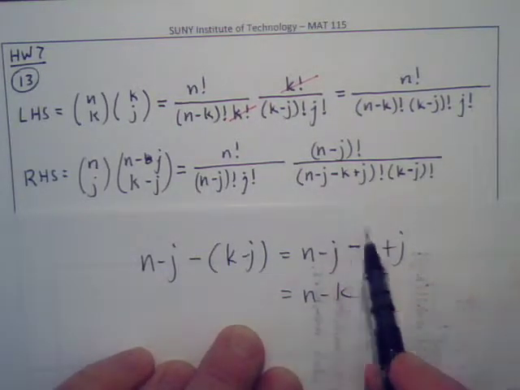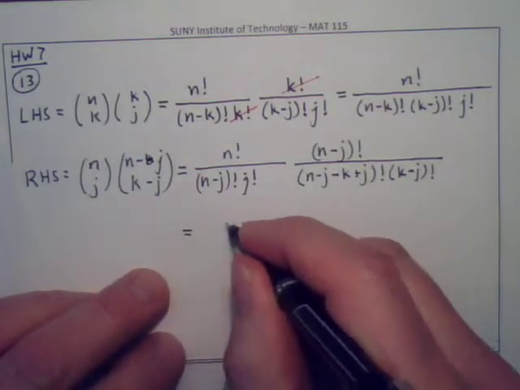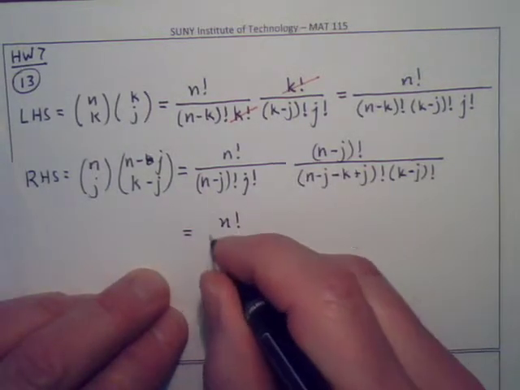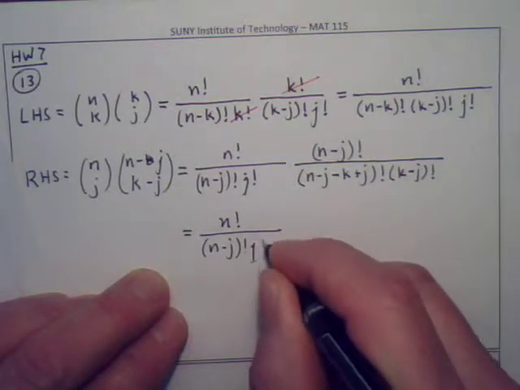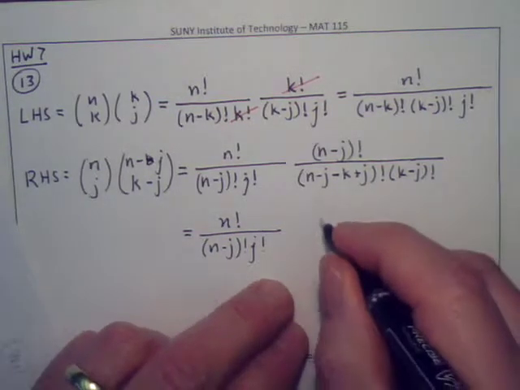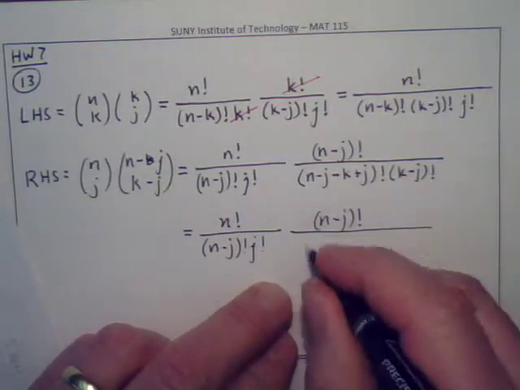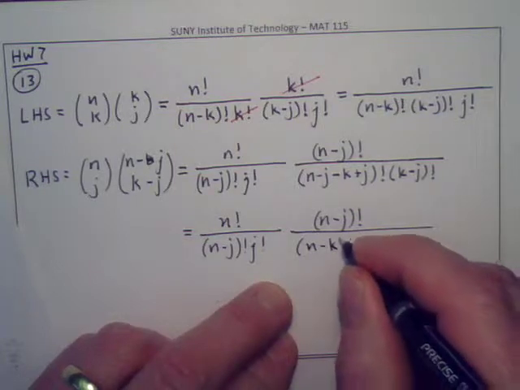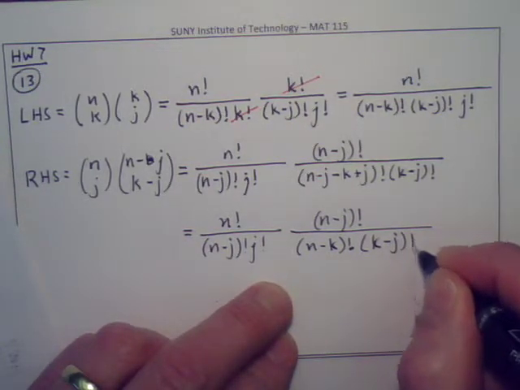Okay, so here's what I wrote. This one is the one I wrote there. So we can rewrite this as n factorial all over n minus j factorial, j factorial, n minus j factorial, and this is just n minus k factorial and k minus j factorial.